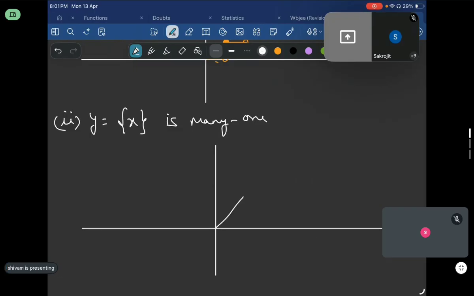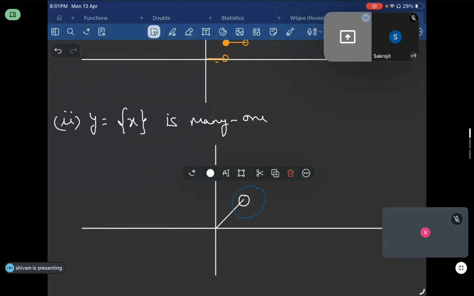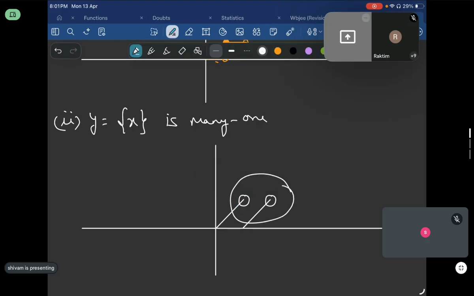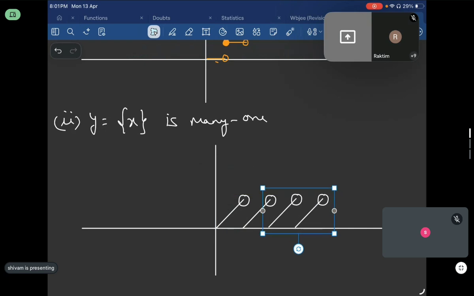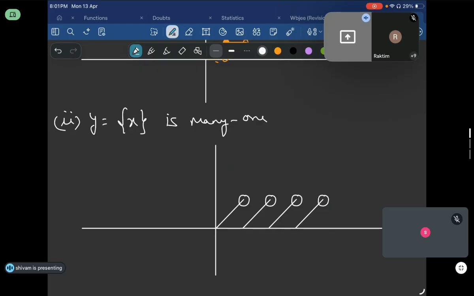This is how it is going to look. Over here also you will get a straight line parallel to the x-axis, which will cut the graph in at least 2 points. Okay, next.